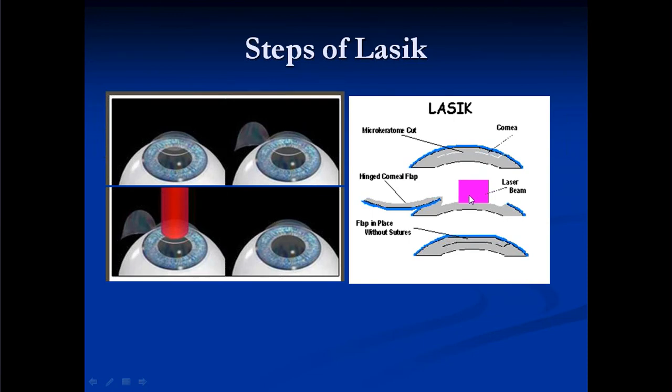Later on, when the cornea, the anterior stroma, is flattened, the flap is placed back over it. So this is simply explained in 3 steps: a flap is raised, the cornea is flattened, then the flap is kept back.